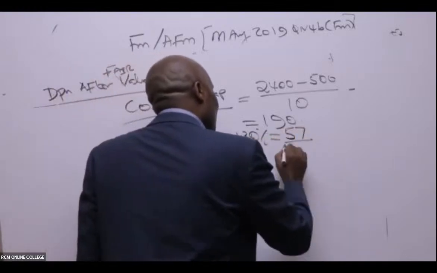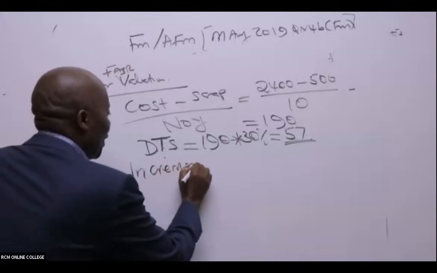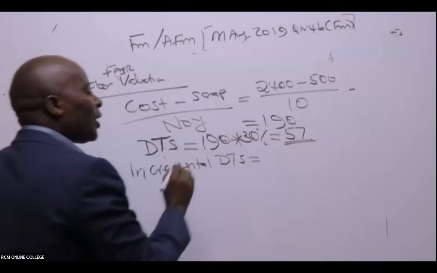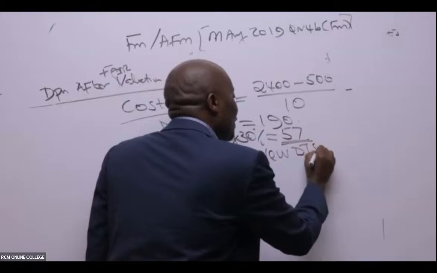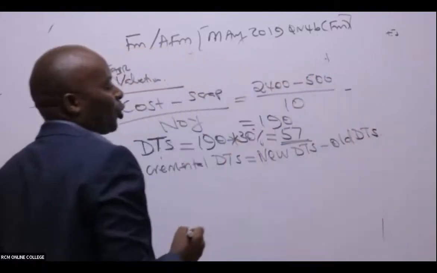This is very interesting because I'll now come and give them, because of the new machine, the incremental DTS. So incremental depreciation tax shield will be the new depreciation tax shield minus the old machine's depreciation tax shield.